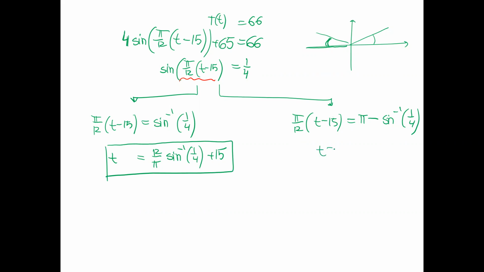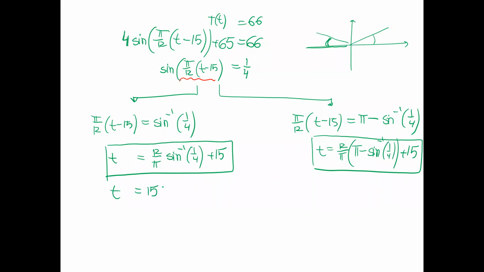Now, the same thing. I will multiply both sides by 12 over pi, times pi minus inverse sine of 1/4, and add 15. Cool. Now, when I used the calculator, you can also try, this value is 15.965. You have to use radians, of course.